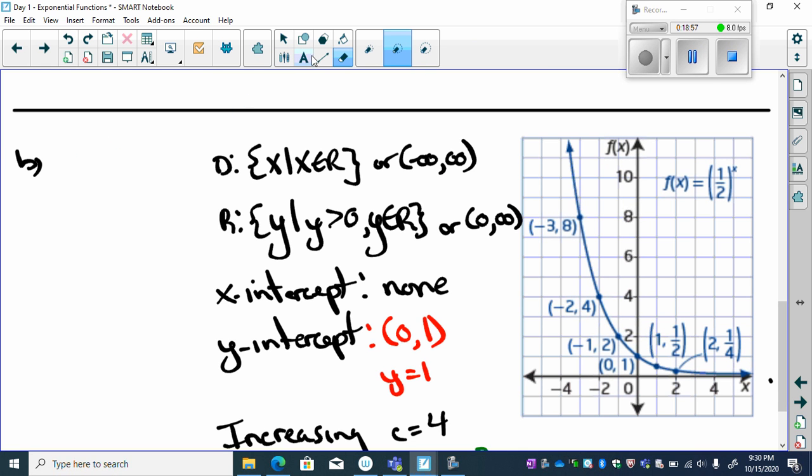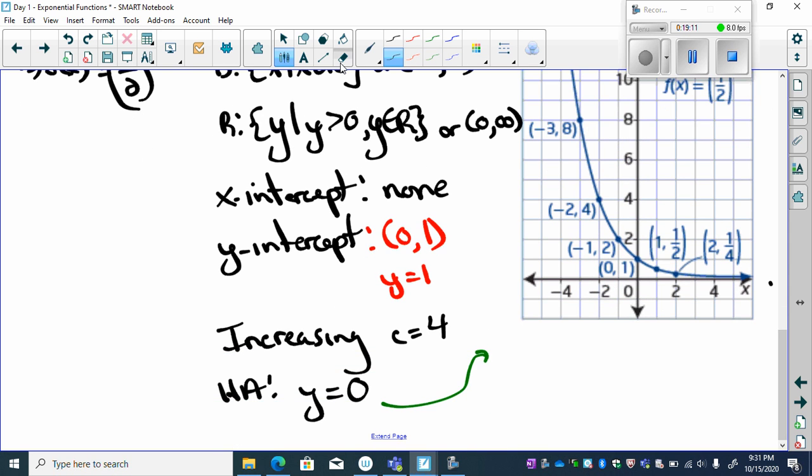Same thing, f of x is just the y value, it's the function's height. In this case, the base is 1/2. So if the base is 1/2, we know it's between 0 and 1. If my c value is 1/2, that would change this word from increasing to decreasing.